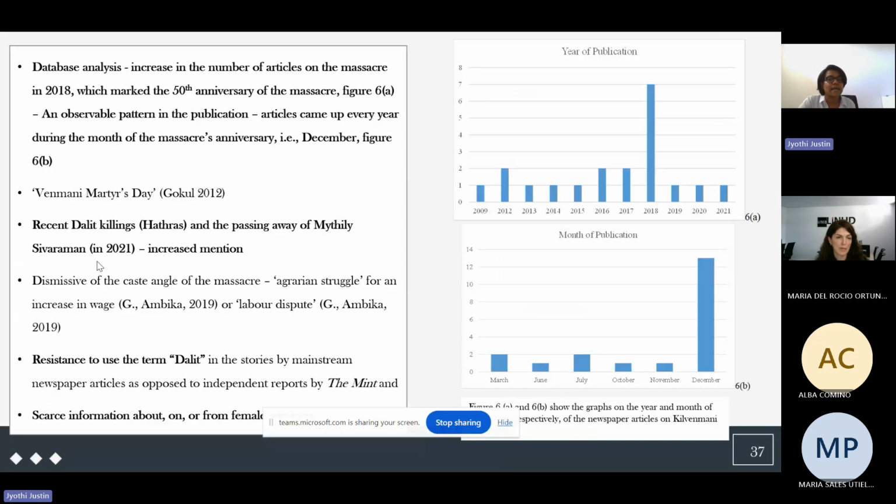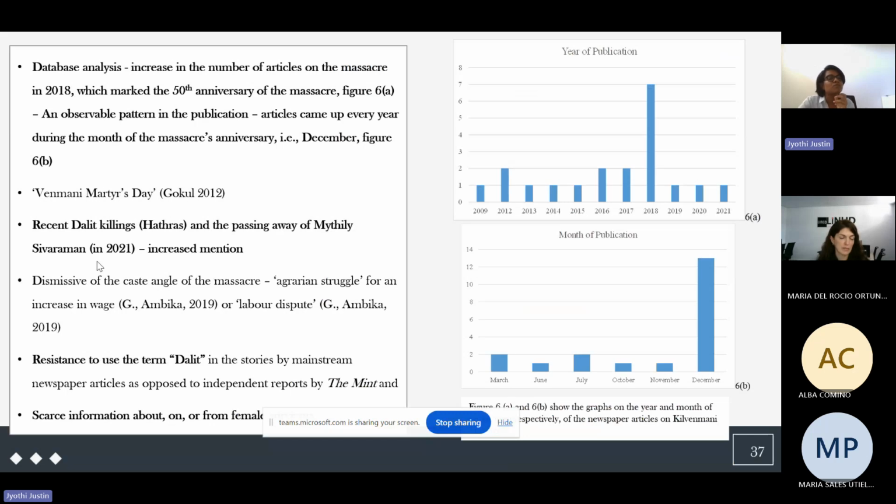And on an analysis of the newspaper reports from 2009 to 2021, we saw that there is an increase in the number of articles on the massacre, especially in the year 2018 that marked the 50th anniversary of the massacre.